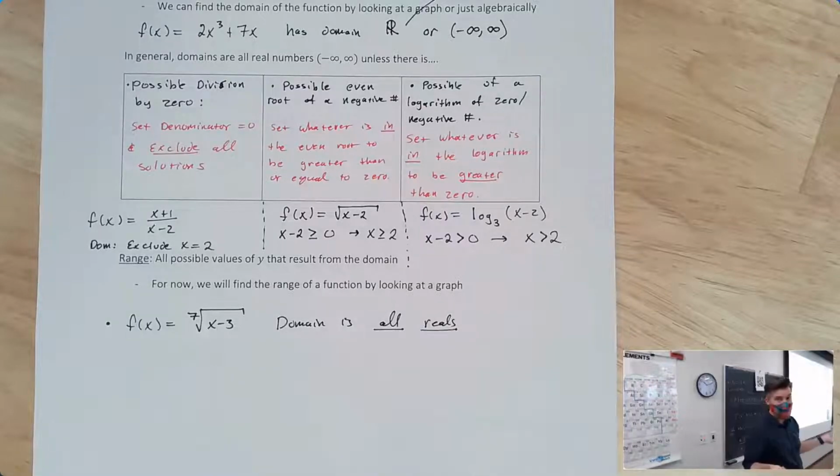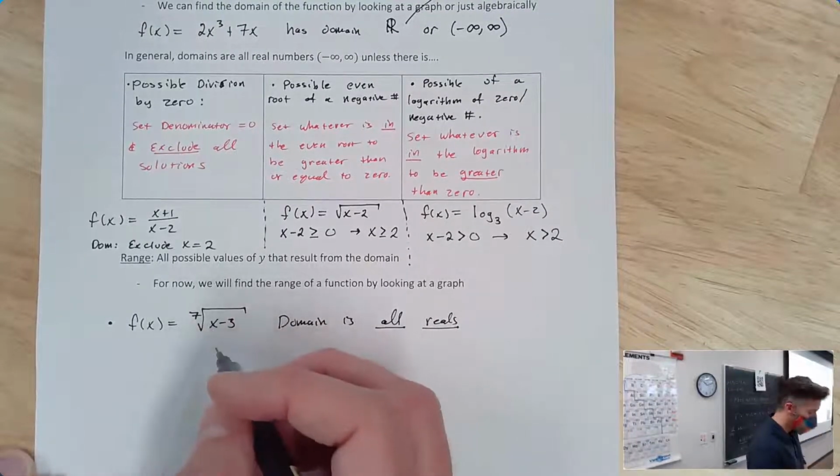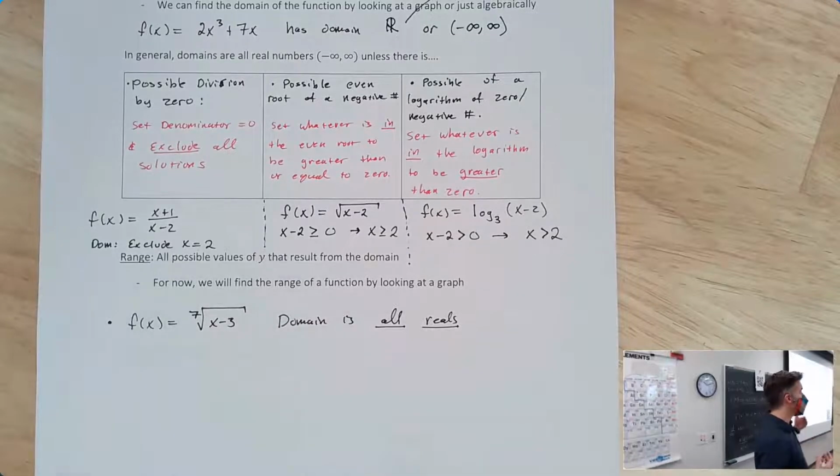I know it's not nice, like if I said what's the seventh root of -2, I don't know, but I know it's real. I know there is a real number that if you multiply it by itself 1, 2, 3, 4, 5, 6, 7 times, you get -2. It's negative 1 point something. I don't actually know what it is, but this expression never has any values of x that can't be plugged in there.